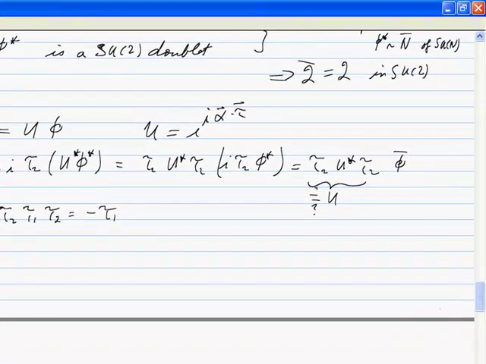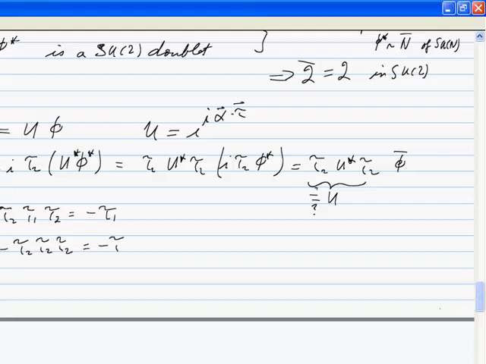Tau 2 star, tau 2. Well, tau 2 has an imaginary number in it, so when we complex conjugate it, it changes sign. So that's minus tau 2 tau 2 tau 2, just from the imaginary number.